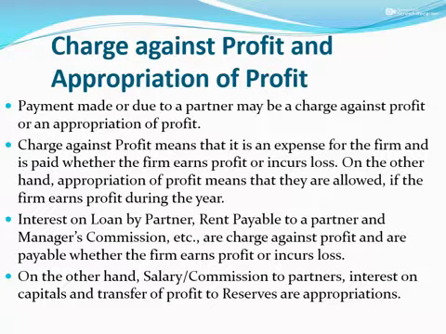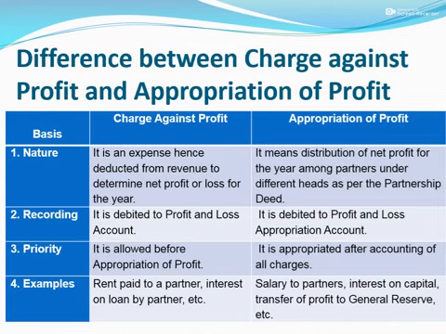Now the next topic is the difference between charge against profit and appropriation of profit. By this difference, we can understand what a charge against the profit is and what an appropriation of profit is.